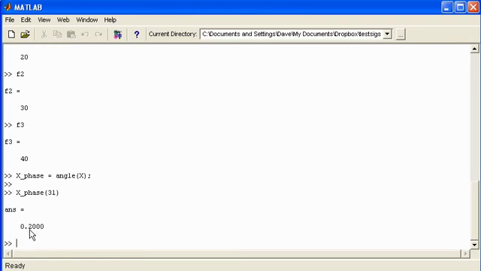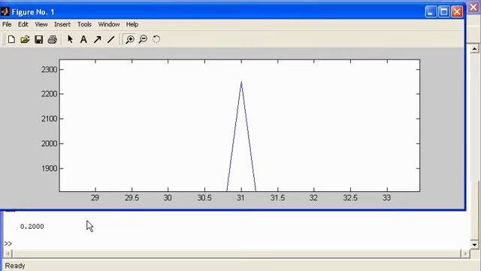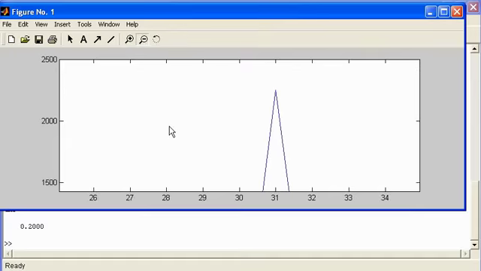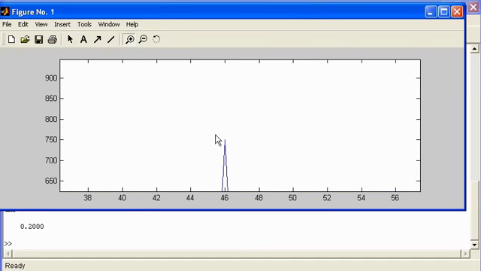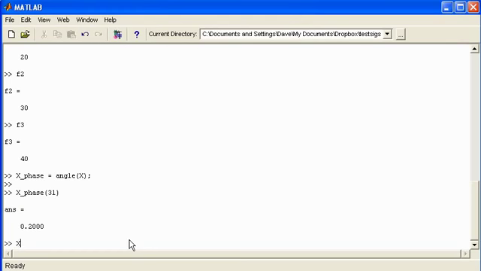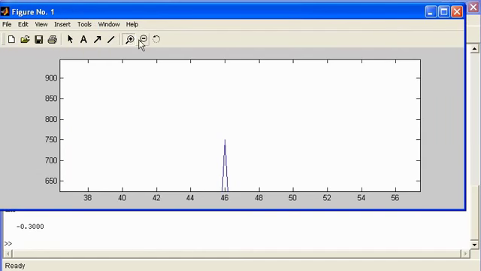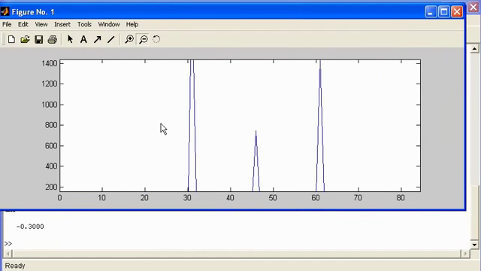I'm going to zoom in on the other two peaks now to see what their bin numbers are. Let's zoom out a bit. I'll zoom in on this smaller bin, and it's got a bin number of 46. The phase value of 46 is minus 0.3. I'll zoom out on the magnitude spectrum again and zoom in on the third peak.